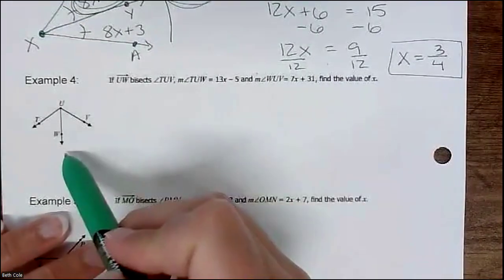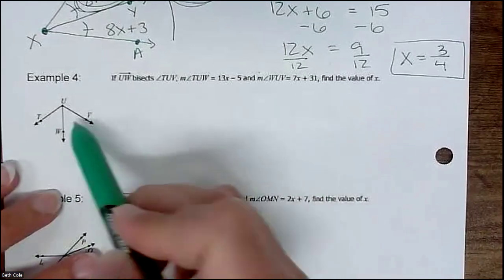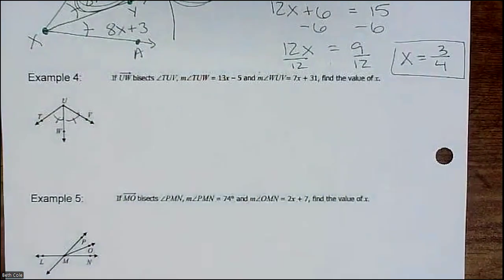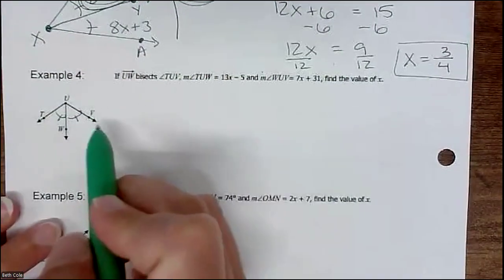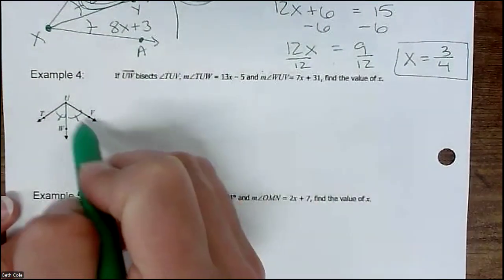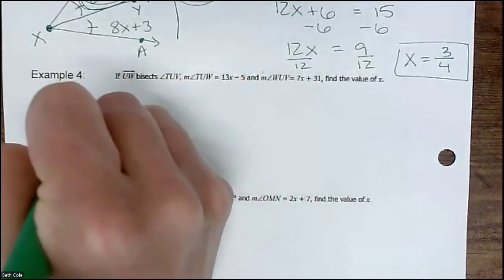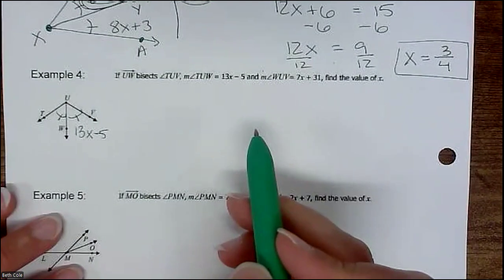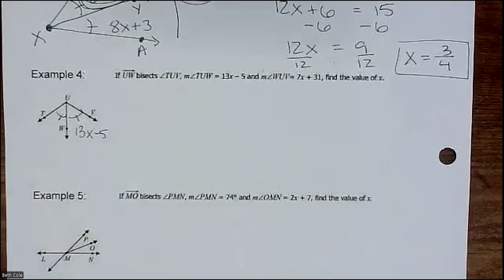All right, UW, oh, they drew us a picture this time. That's good. Bisects TUV. So go ahead and put in your little tick marks. Those are the same. And now we're going to label. TUW, which is this one on the right side, that's 13x minus 5. No, I did that wrong.